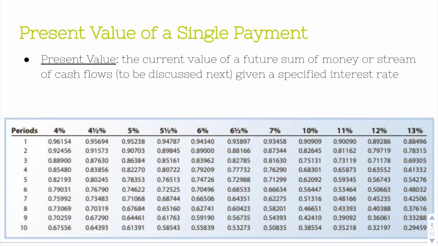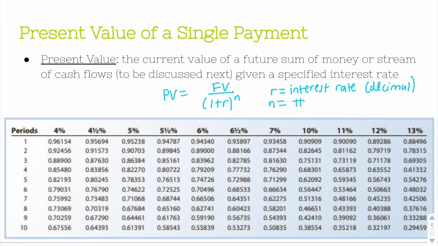So present value can be calculated in two ways. The first is through this formula. So it's present value equals future value divided by 1 plus r to the n, where PV equals present value, FV equals future value or face value, r equals the interest rate as a decimal, and n equals the number of periods.